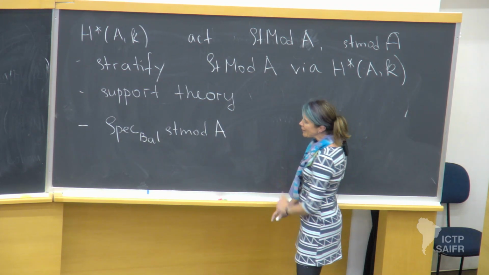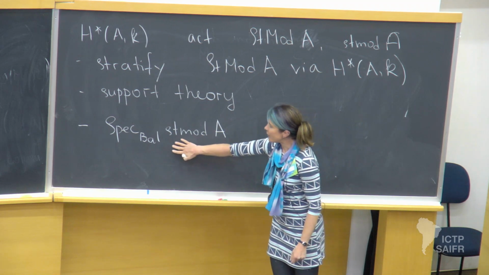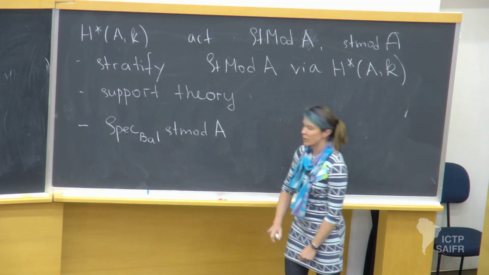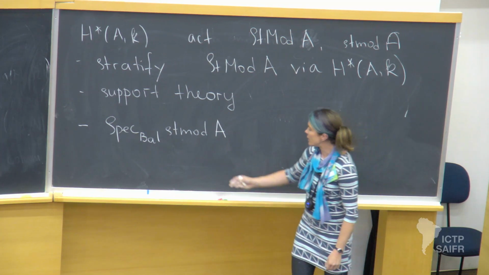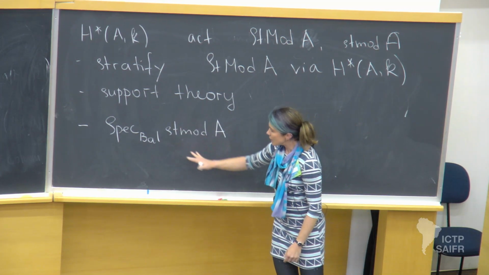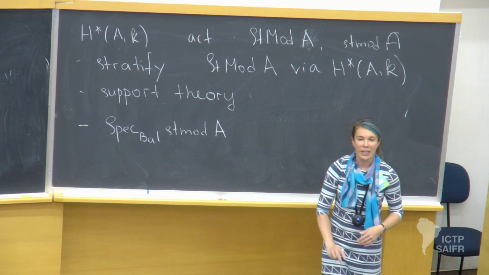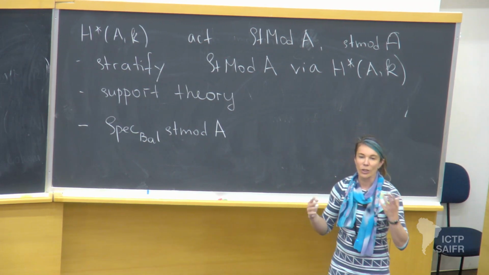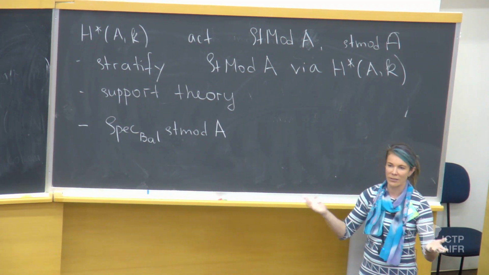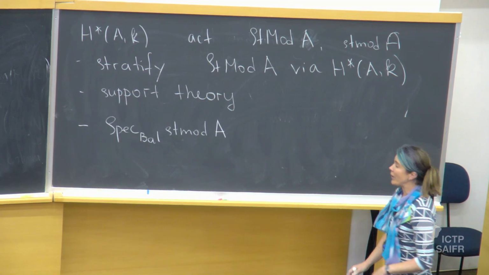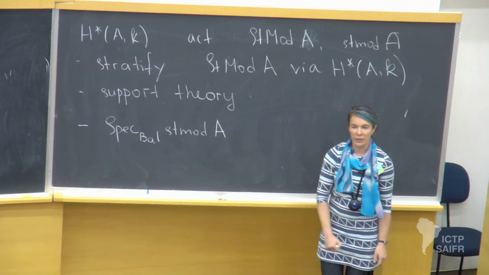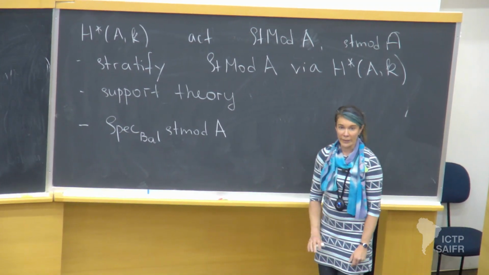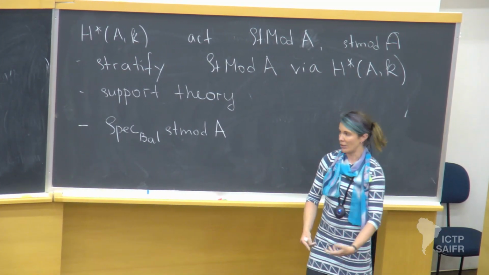Here I'm lying a little bit because the theory that Balmer developed actually was for a symmetric tensor category, but there is a very recent work which does it in the braided setting and considers various non-commutative spectra, left ideals, right ideals, whatever people think are the correct notions in non-commutative geometry, trying to apply it in this categorical context. There are a lot of things we can do by acting with this algebra.